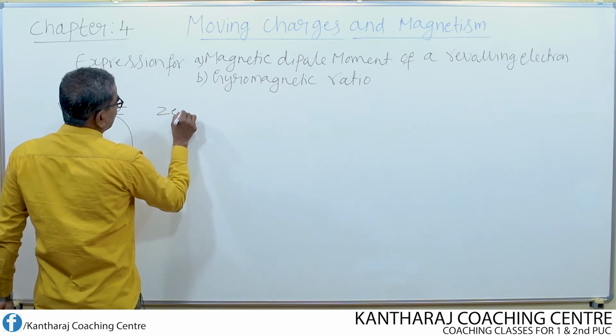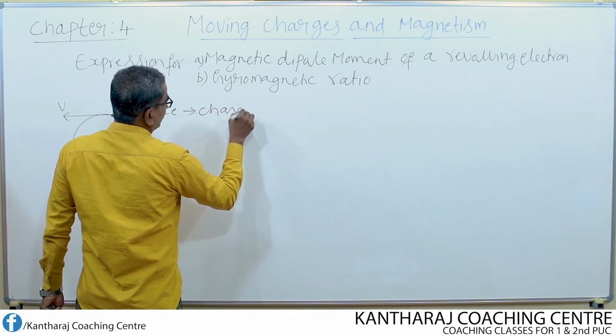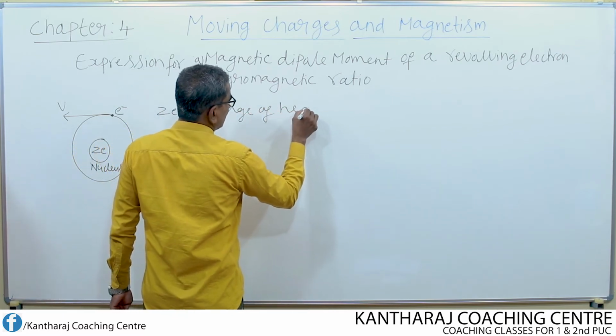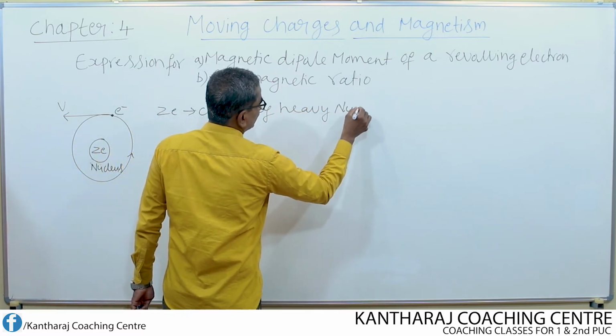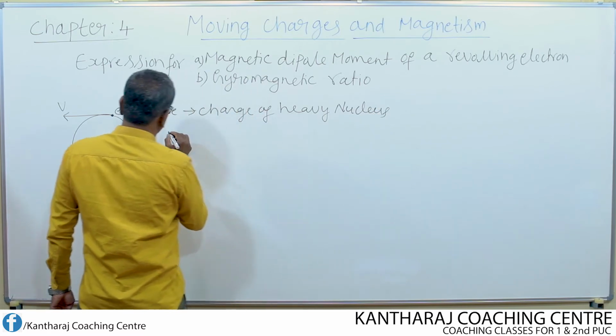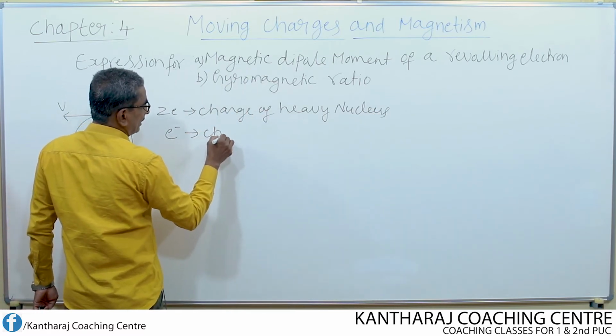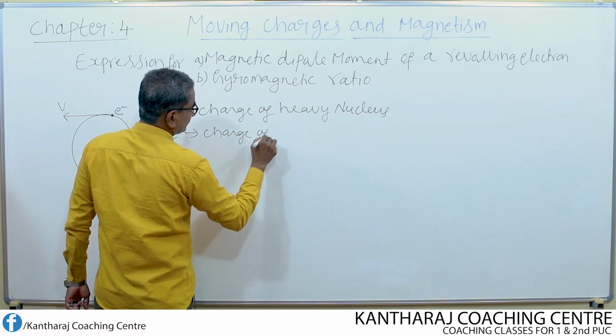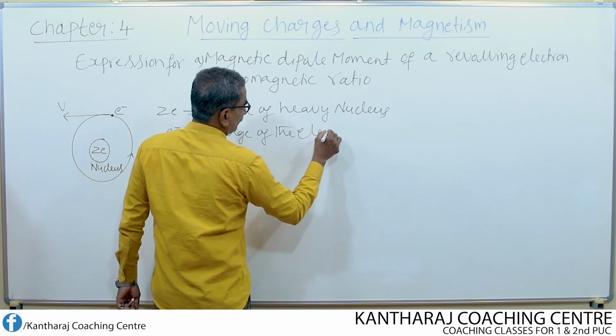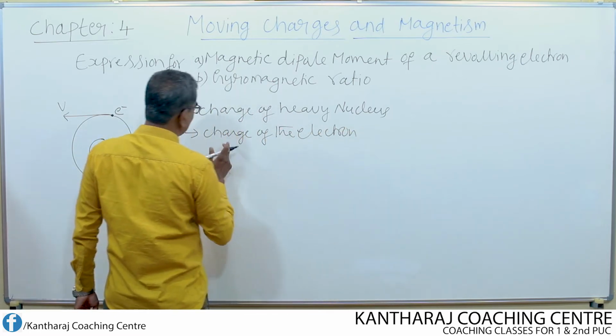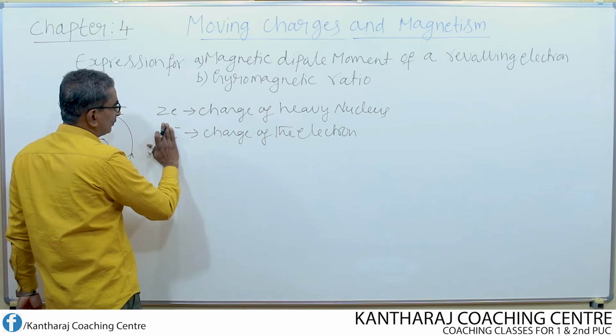So Ze is the charge of the heavy nucleus, then -e is the charge of the electron. Actually the magnitude of the charge of the electron is only e.